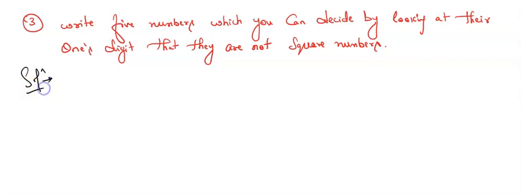Let me solve this. Here the question is, write 5 numbers which you can decide by looking at their ones digit that they are not square numbers, meaning they are not perfect square numbers.